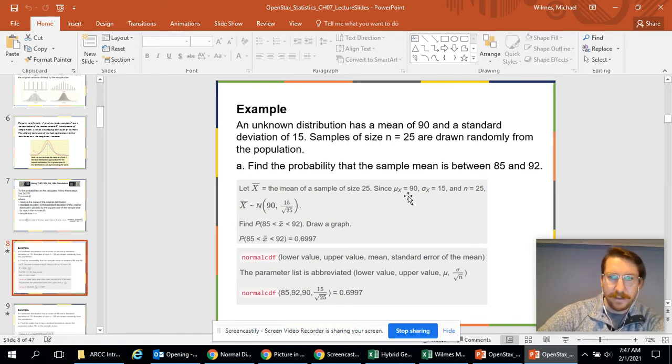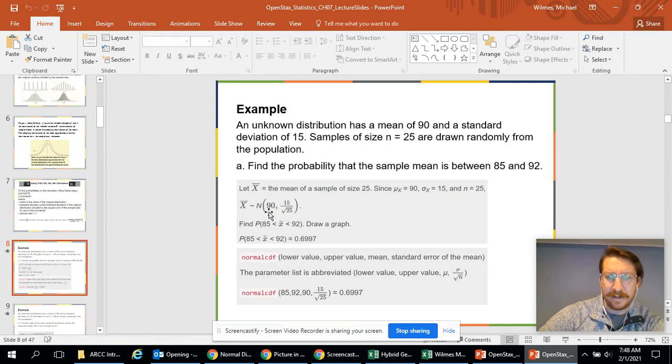Okay, so the average is 90. All right, the mean of a sample, size 25. So we know our average is 90. Our standard deviation is 15, and n is 25. So we go to our formula. The average stays the same.